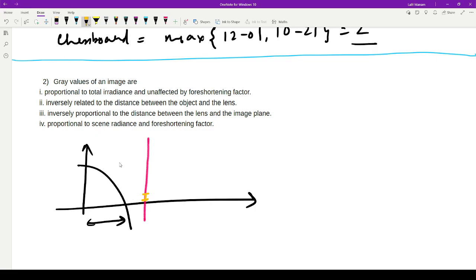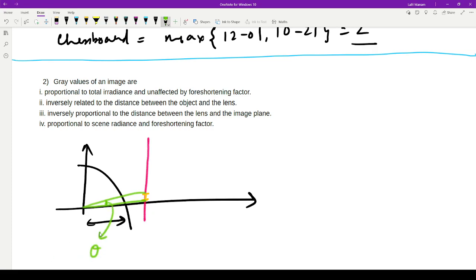So what is the projected angle out here? What I mean by projected angle is something like this. If you project the two extremes and the line, the angle obtained from this segment is theta.